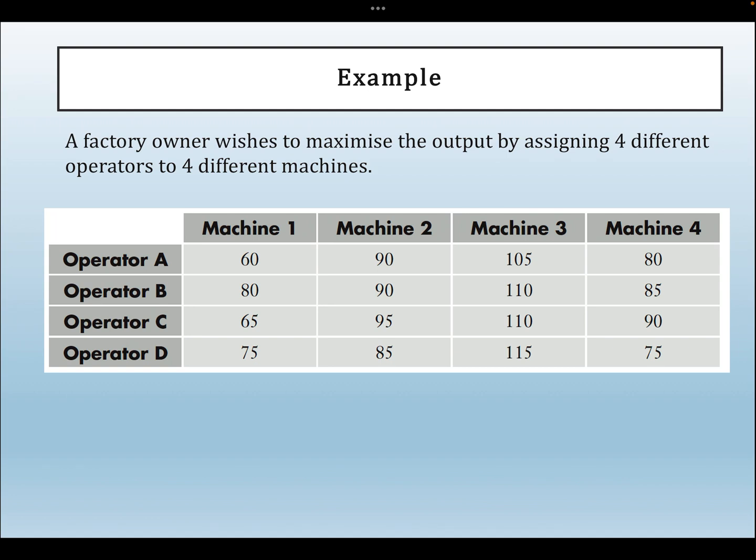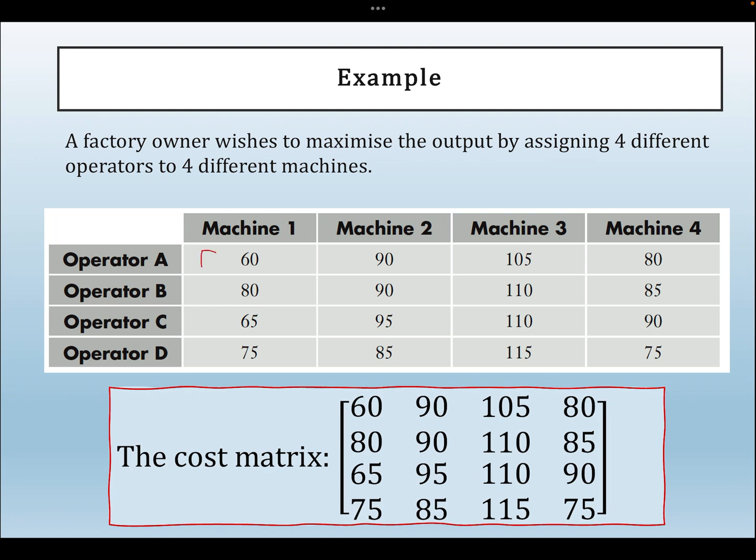Alright, let's have a look at this example. A factory owner wishes to maximize the output by assigning 4 different operators to 4 different machines. First thing you need to identify is the cost matrix, which is basically converting this table to a 4x4 matrix. Next, identify the largest number. What is the largest number? Here it is 115.